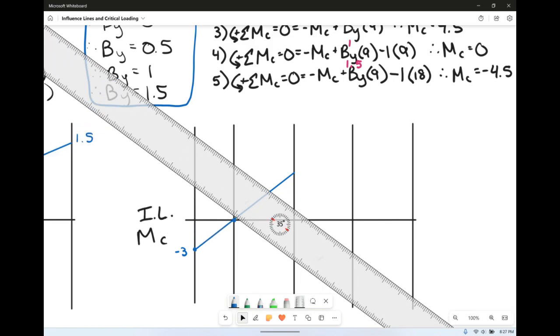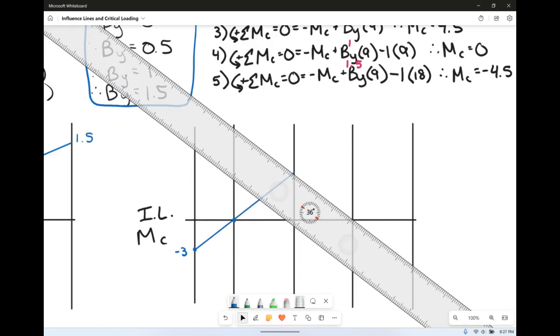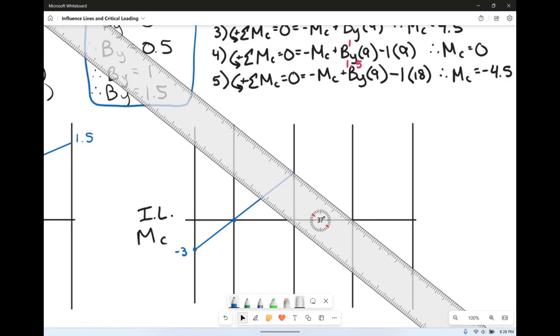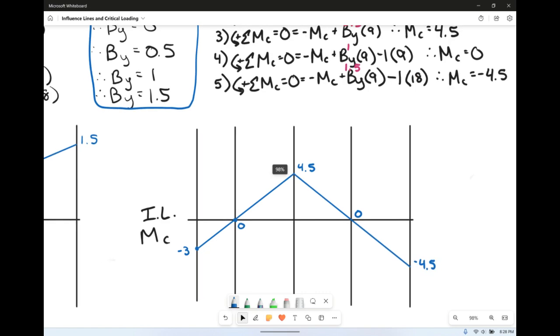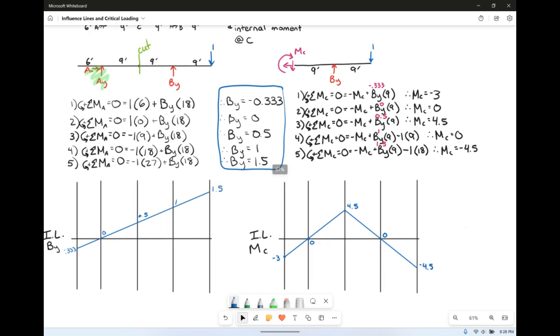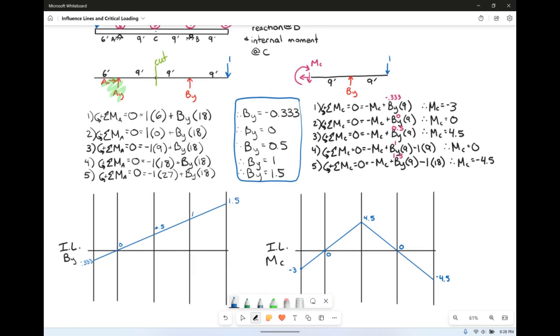And then he's going to turn right back around and go down to negative 4.5, passing through the 0. So we have negative 3, 0, 4.5, 0, and negative 4.5. So effectively for influence lines, you're just solving the same problem of statics multiple times, just moving the load each time.